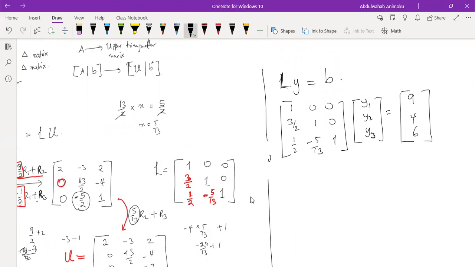The first one says y1 times 1 plus 0 times y2 plus 0 times y3 equal to 9. The second equation is what? 3 over 2 y1, so we're using this to multiply this. So 3 over 2 times y1 is 3 over 2 y1 plus 1 times y2 plus 0 times y3 equal to 4. And the last one, 1 over 2 y1 minus 5 over 13 y2 plus 1 times y3 equal to 6. So this is what we have.